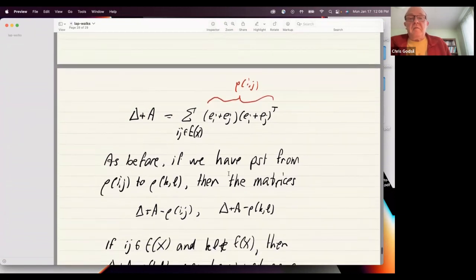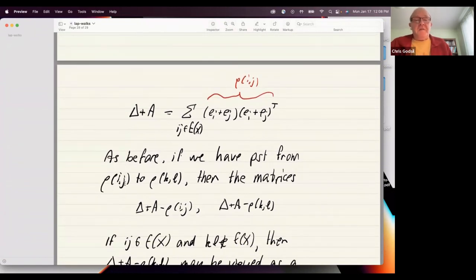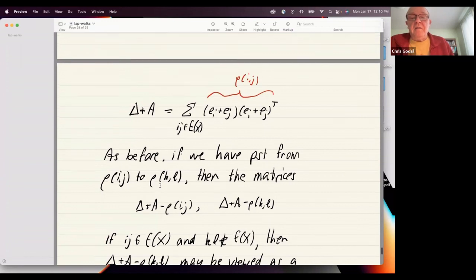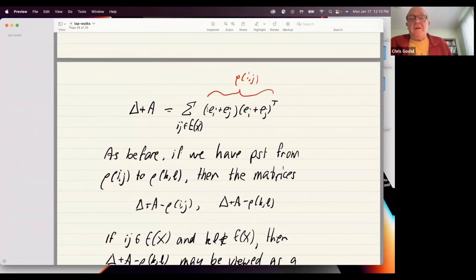Now, if we have perfect state transfer, I'm calling e_i plus e_j times (e_i plus e_j) transpose rho_ij. It's always risky using rho when I'm handwriting, but I think it'll be okay in place of our sigma. So this is sigma without the signs. And so if I get transfer from one edge to another, then again, these two matrices must be similar.